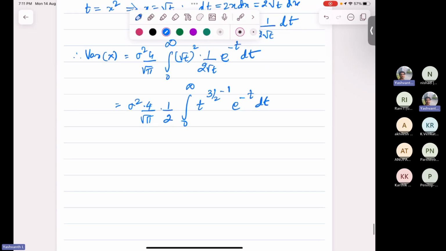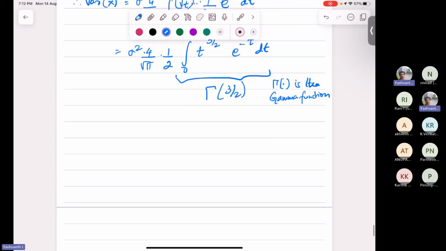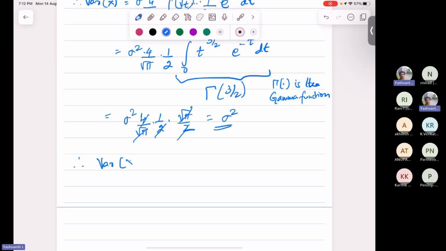Again, from mathematics, this is called gamma of 3 by 2, where gamma is the gamma function. You can numerically evaluate it and show that gamma of 3 by 2 turns out to be root pi by 2. Everything together equals sigma square. Therefore, the variance of x equals sigma square.